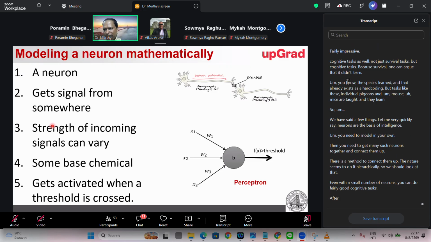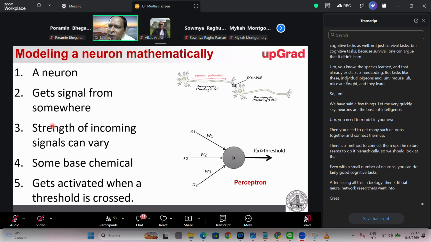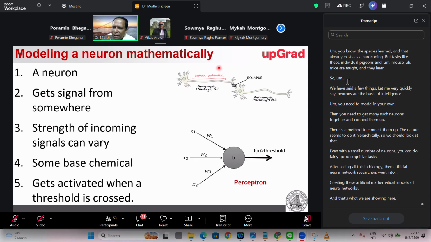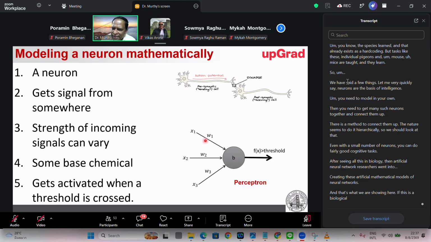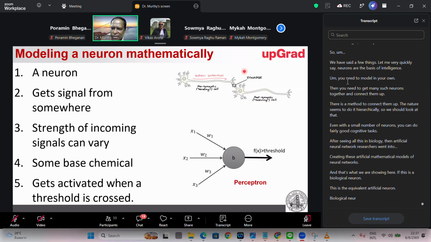After seeing all this in biology, artificial neural network researchers went into creating artificial mathematical models of neural networks. And that's what we are showing here. If this is a biological neuron, this is the equivalent artificial neuron. A biological neuron also gets signals from multiple inputs.